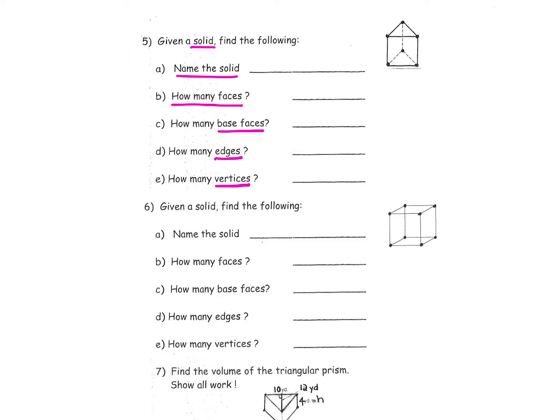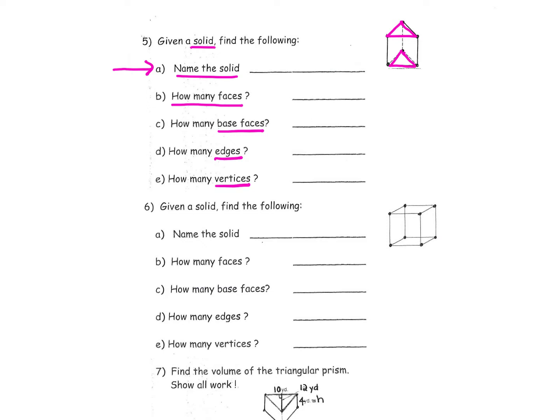Well, let's start with the name of the solid. It has a triangular base face and a second one on top. So we would call this a triangular prism. Please take a moment and write that down for letter A, triangular prism.